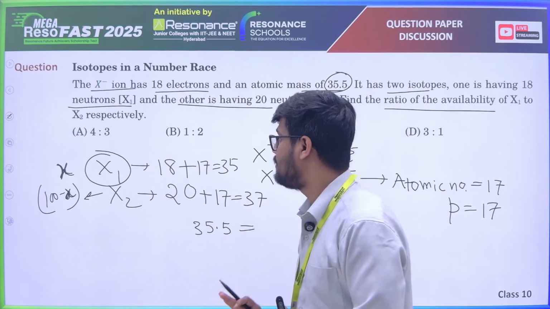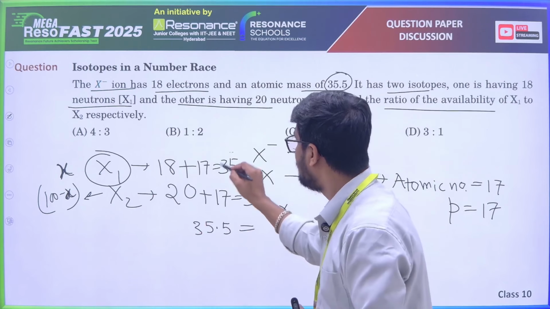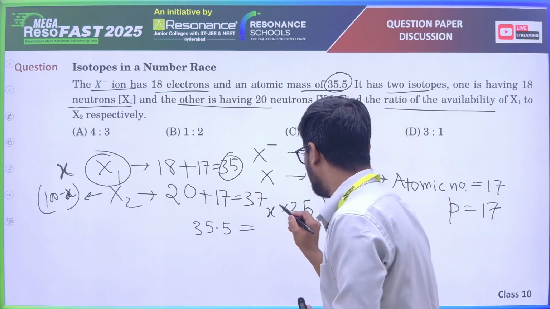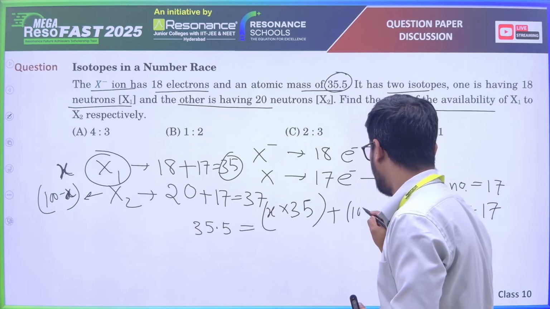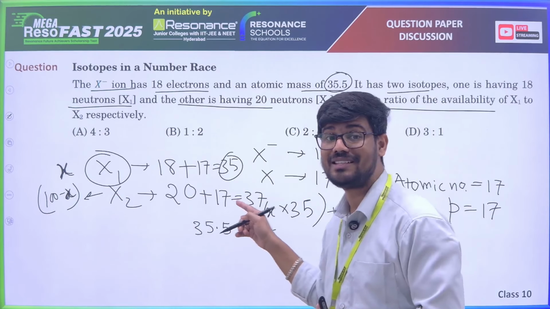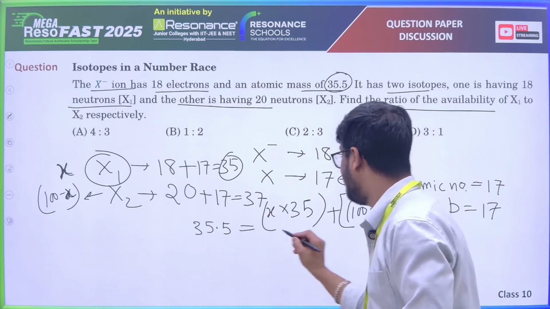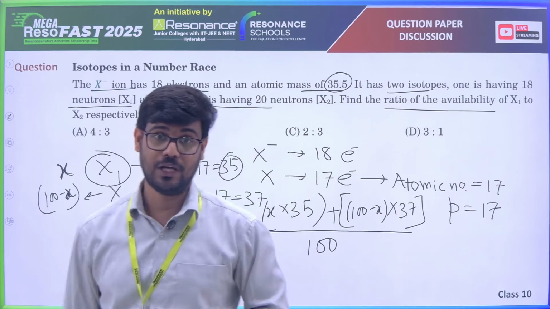Now just put in the values. Small x into its mass, 35, plus 100 minus x into its mass, 37, divided by 100. So this is our formula.